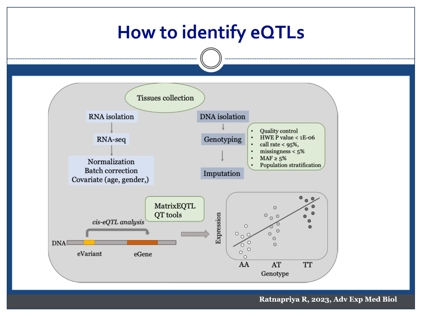So this relationship between the gene and the variant is called the cis eQTL, where the variant is called the eVariant and the gene is called the eGene.